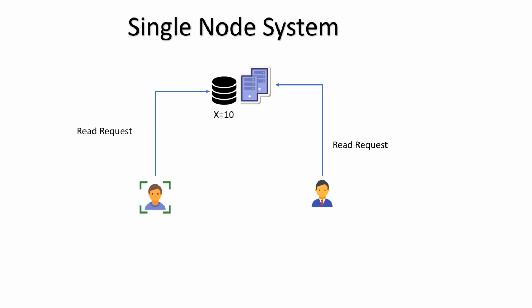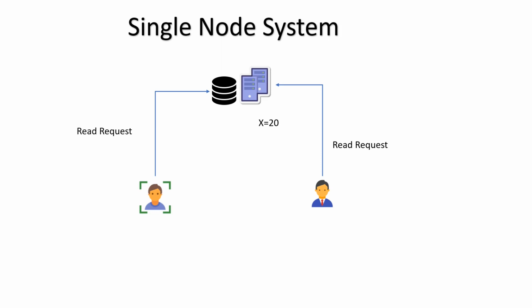If the value of x changes to 20, any further read requests will get the new value, because it's only one node. So there is no issue of the client getting old data, because everything is synced up at one node.